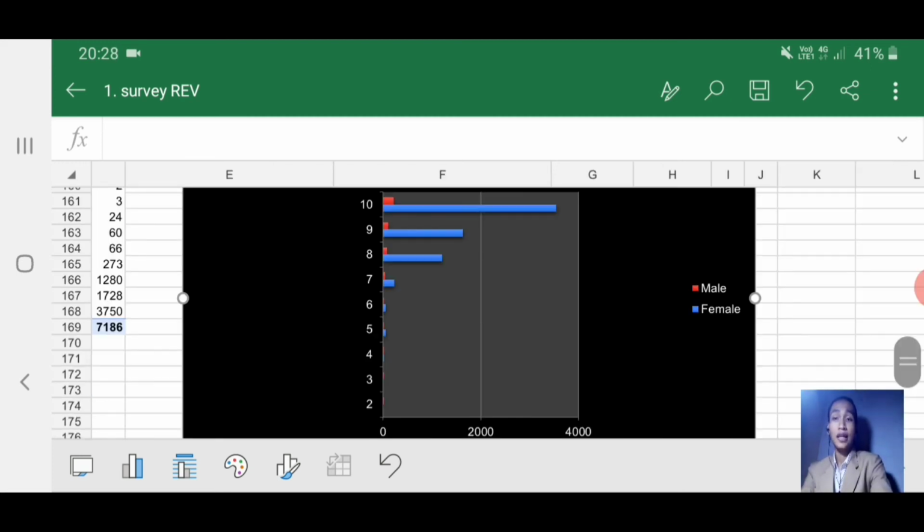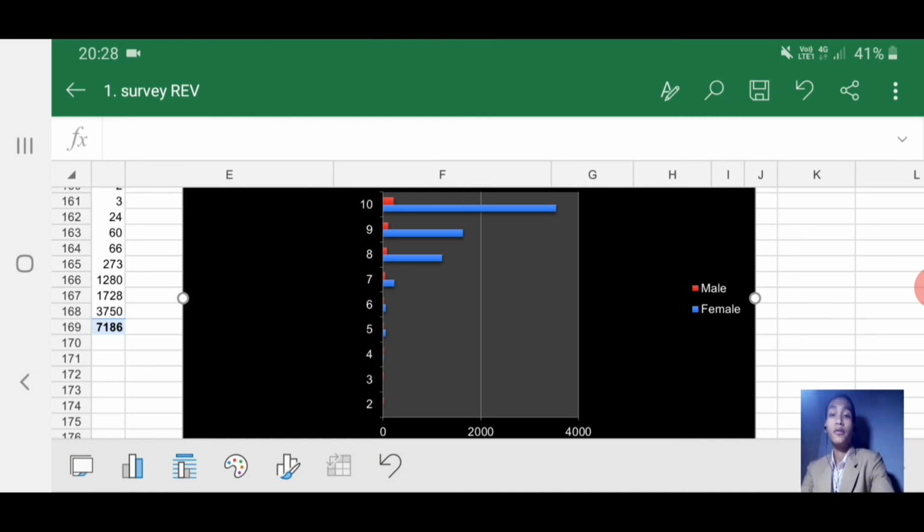As you can see at the chart, most are female, and the female thinks it's important to look at the review before buying skincare, and the male thinks the same, because the bar is closest to 10 rather than the lowest number.